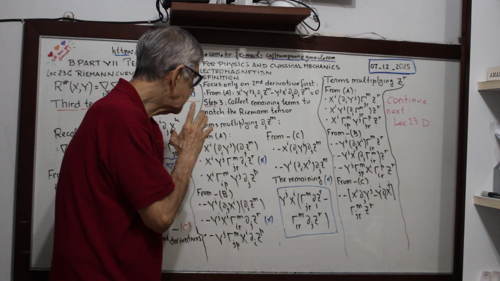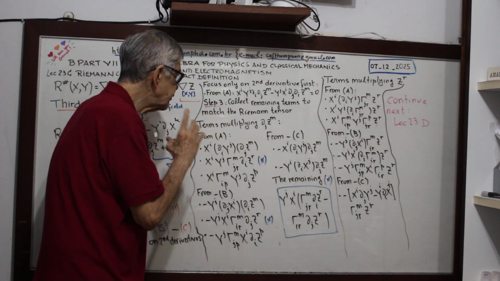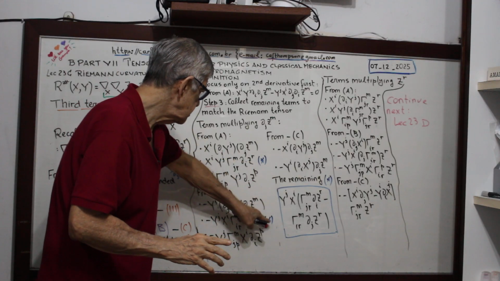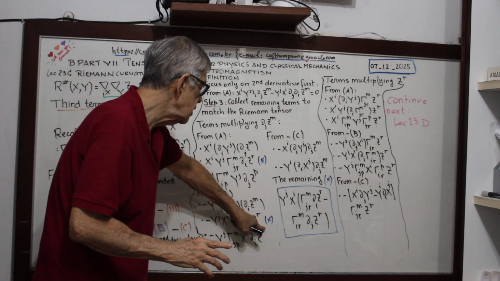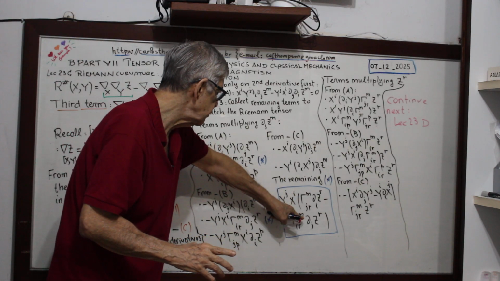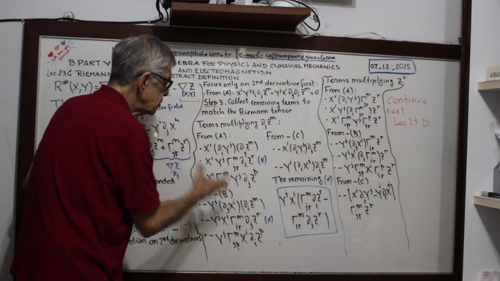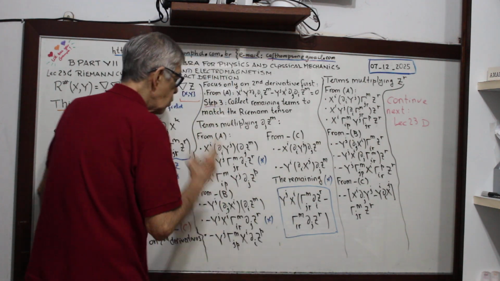Now, it's clear that the only terms that survive are this blue mark over here. That's the only one, which I write right over here. When I add this, the remaining term is just this one over here. Why?